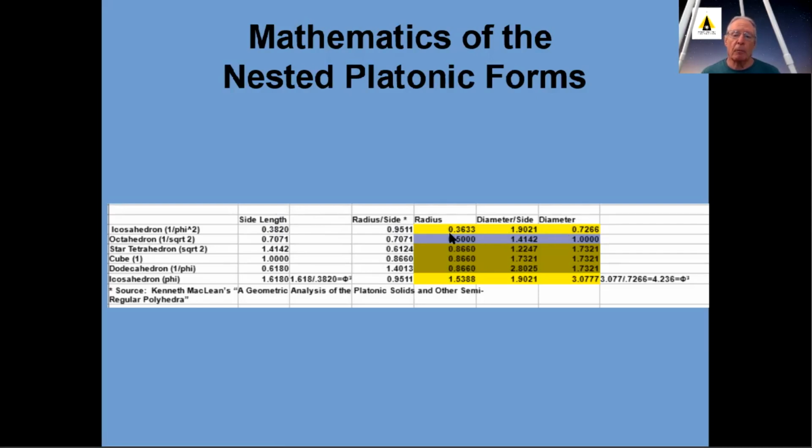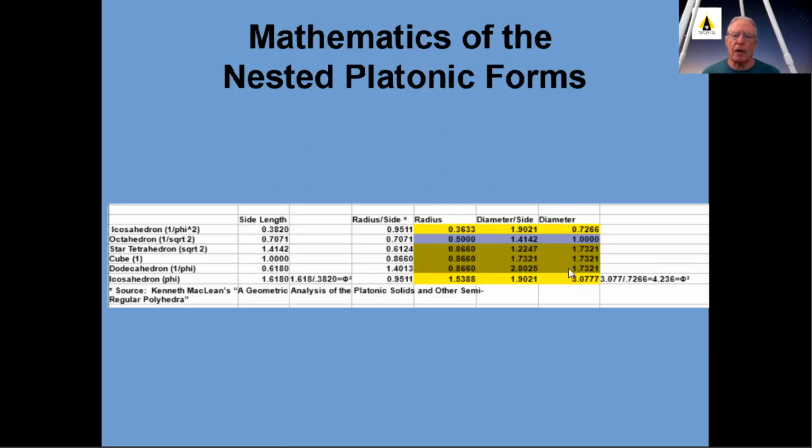So I'm able to calculate the radius and diameter for each of these Platonic solids. And sure enough, the relationship stays absolutely the same. I had expected that because there were no what are called second order relationships here. It was all a mathematical relationship that wasn't going to change those dynamics. So this is what I found.